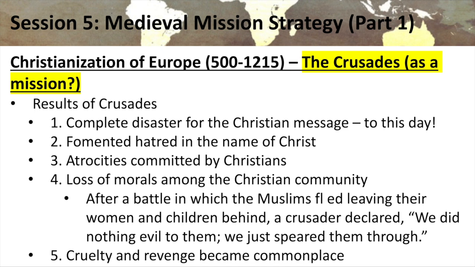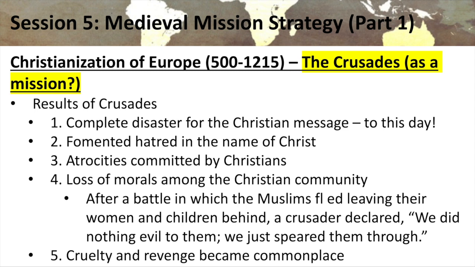And then number five, we see cruelty and revenge becomes commonplace. And of course, in the Middle Ages and all through history, we see violence is commonplace pretty much everywhere. But when the Crusaders returned after 1215, especially when the Crusades had ended, when they returned to Europe, it was just a savage place.